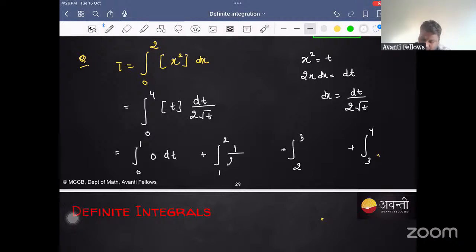So it is 1 upon 2 under root t dt. Between 2 to 3, the greatest integer of t will be 2. So it is 1 upon under root t dt. And between 3 to 4, the greatest integer of t will be 3. So 3 upon 2 under root t dt. Am I clear?